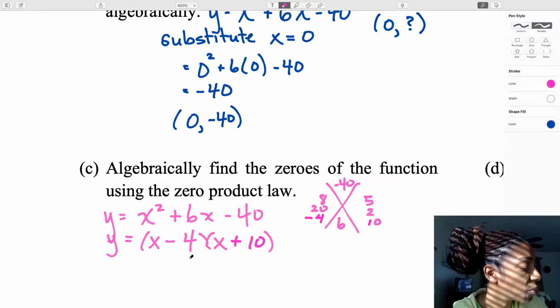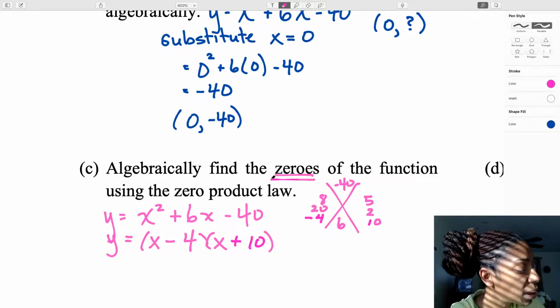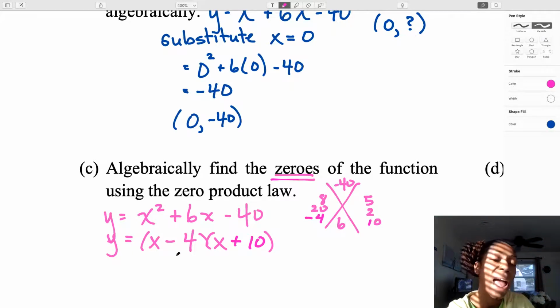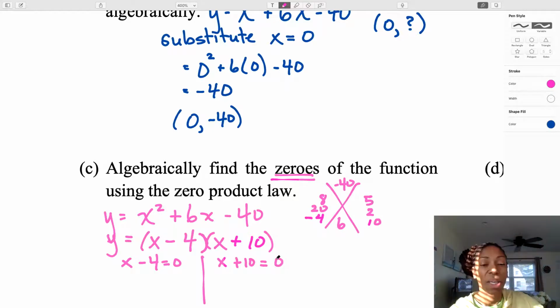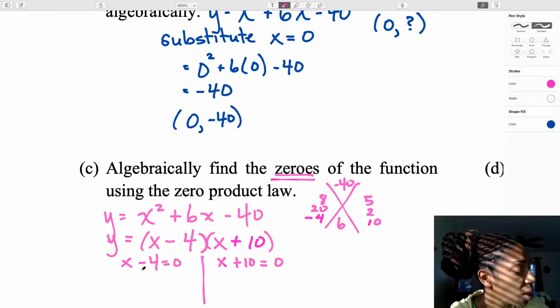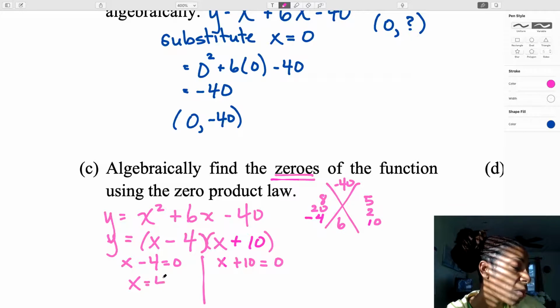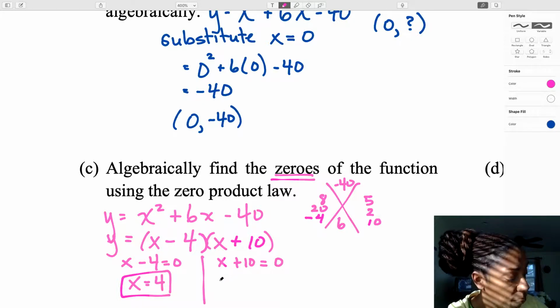So now to find the zeros, I need to see what values of x will make this equation equal 0. Well, if this factor, x minus 4, were equal to 0, the whole equation would equal 0. And if this factor, x plus 10, were equal to 0, the whole equation would also equal 0. So if x were 4, 4 minus 4 equals 0, and if I substituted 4 into this whole equation, I would get 0.